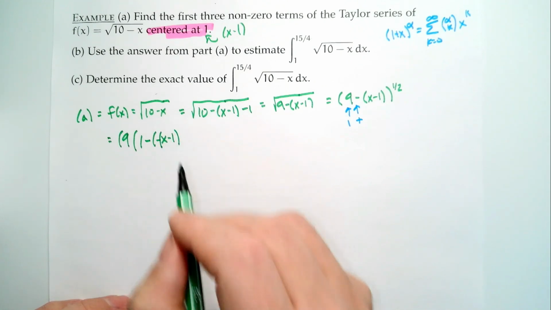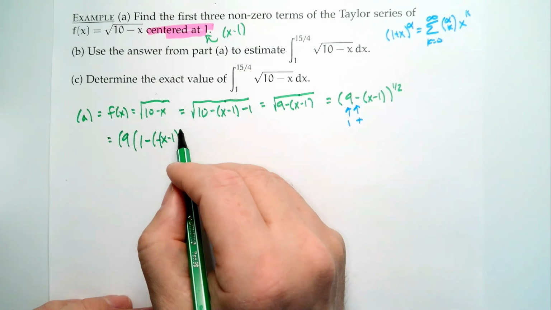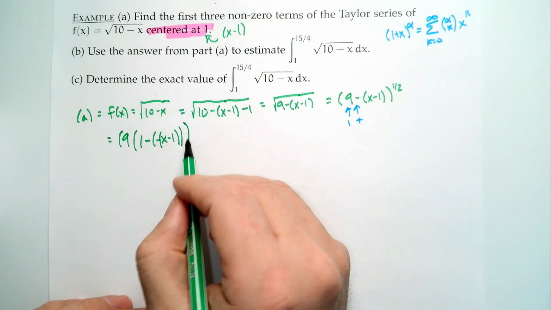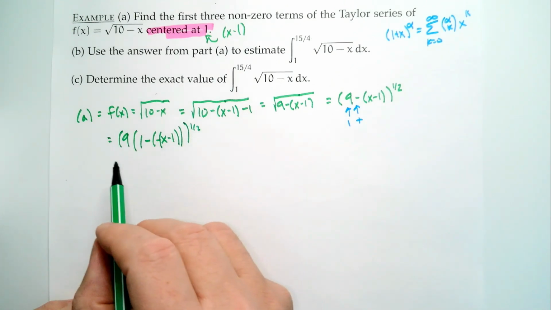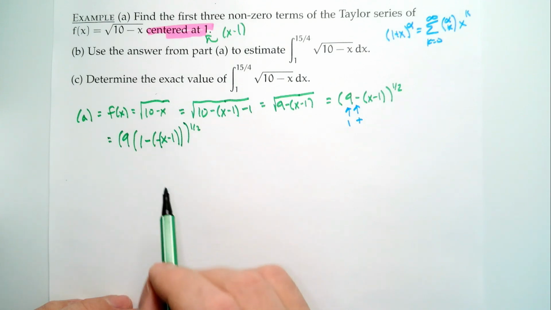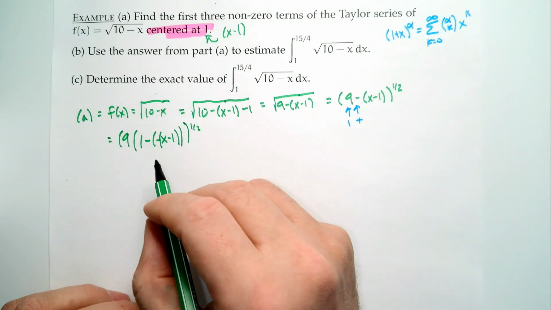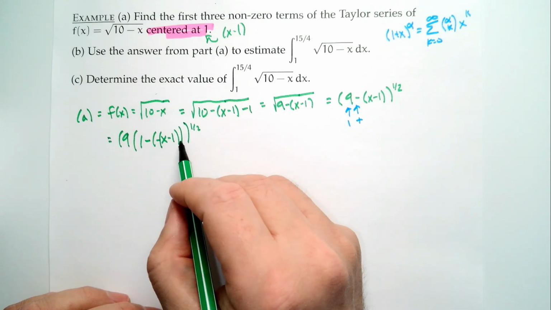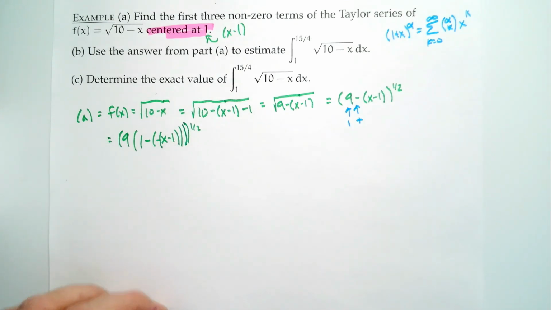minus, there we go. If you put enough parentheses, it's got to be true eventually, right? I definitely have a lot of parentheses. I feel like I have way too many. 1 minus x minus 1, right? I think I need one more parenthesis there. Okay, now I feel like it must be true.